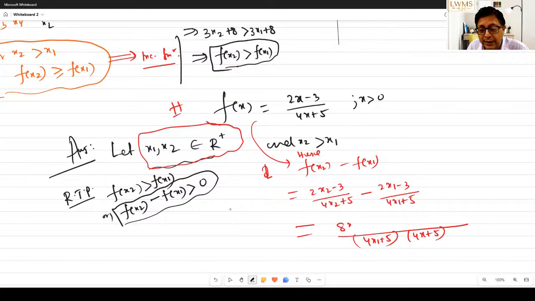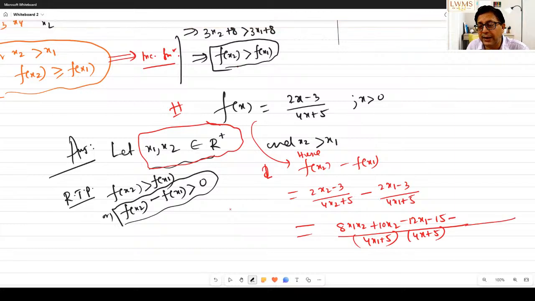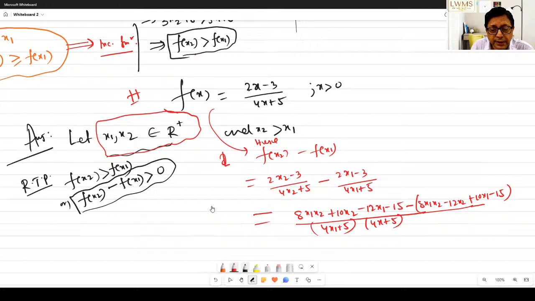So multiply: 8x1x2 plus 10x2 minus 15 minus 8x1x2 minus 12x1 plus 10x1 minus 15. Clear? Let us simplify it. These two are getting cancelled.